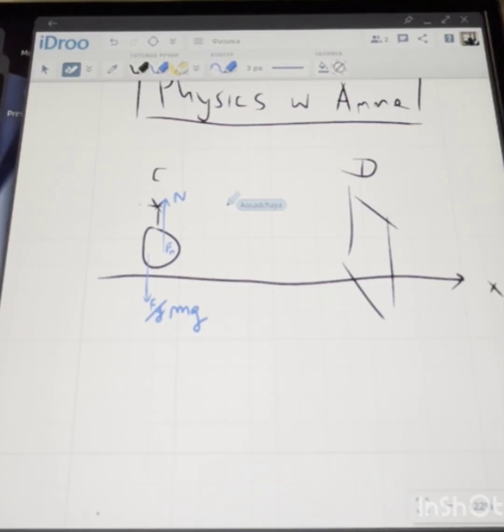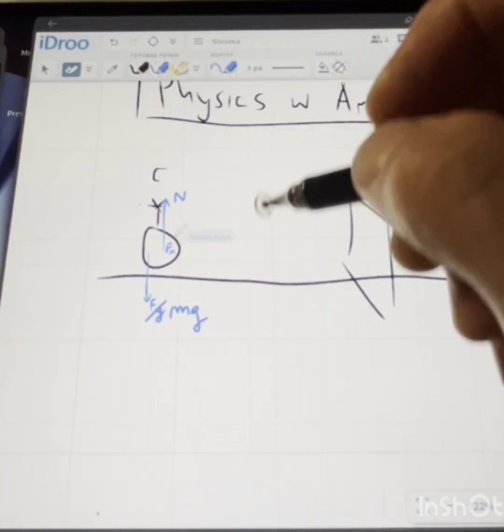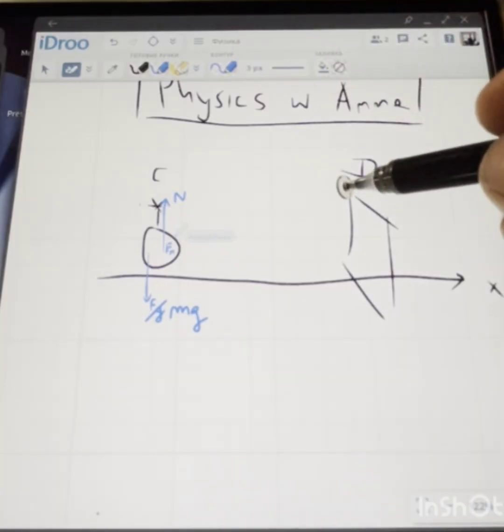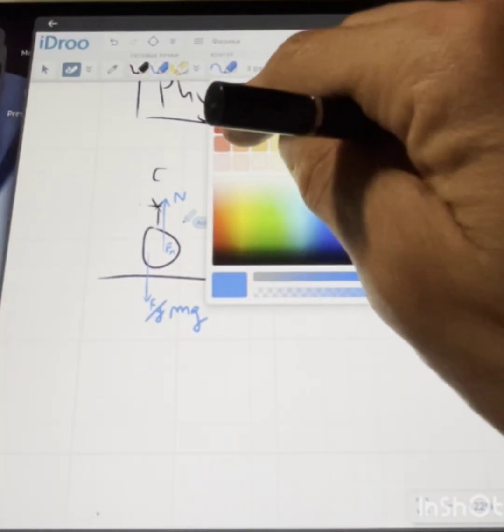Yeah. Then we suppose that it is moving towards the right, towards the detector. Which forces are opposite? The normal force and the force of gravity, and then the force of friction versus the force of... Well, there is the fan, which you haven't mentioned.